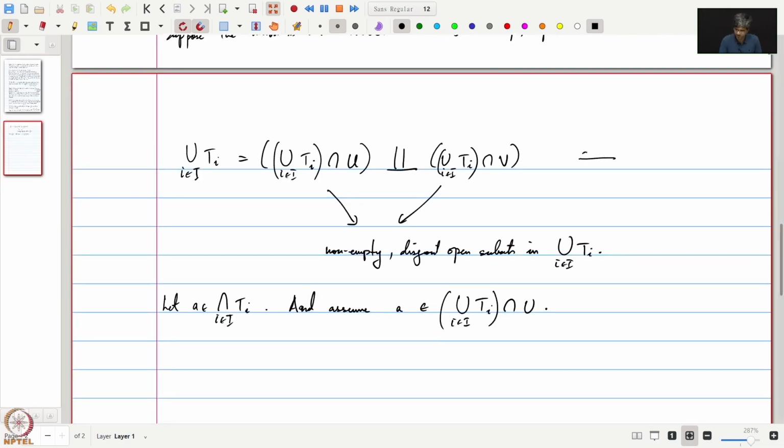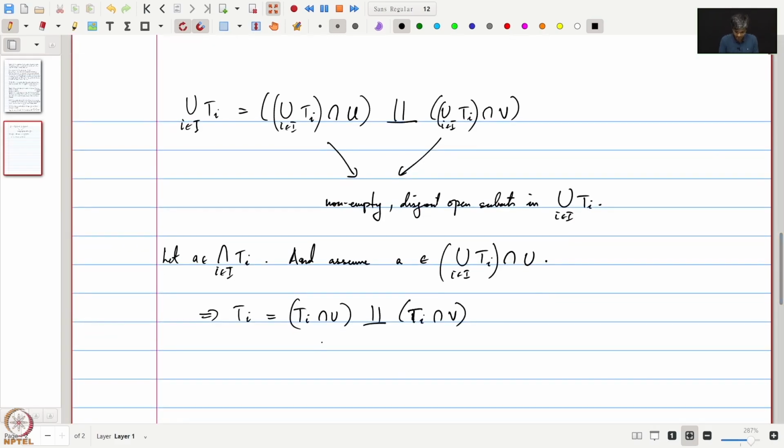So now we intersect this equation with Ti on both sides. So we get Ti is equal to Ti intersected U, disjoint union, Ti intersected V, right?